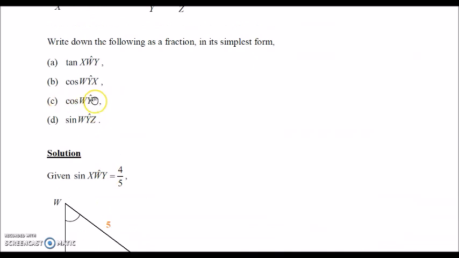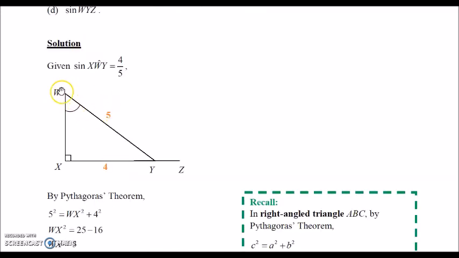Now let's take a look at part C. For part C, I need to write down the fraction for cosine WYZ. Let's see, WYZ. This angle over here is an obtuse angle. If you recall what we have just learned about the relationship between the cosine of an obtuse angle and the cosine of an acute angle, they are actually the negative of each other.